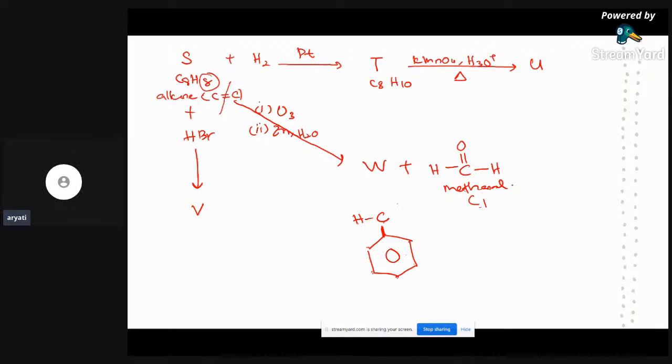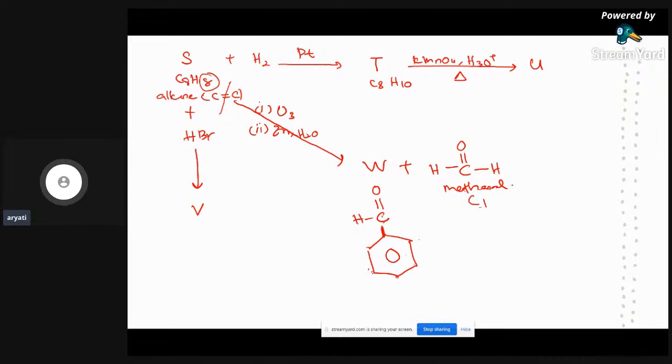Ini ialah C7. Ni satu karbon. So maksudnya sini karbon dia mesti 7 sebab total dia 8. So 1, 2, 3, 4, 5, 6, 7. Kalau bila ada satu karbon tak mungkin jadi keton. So dia akan jadi aldehyde. So C double bond OH aldehyde. So this is the structure for W.